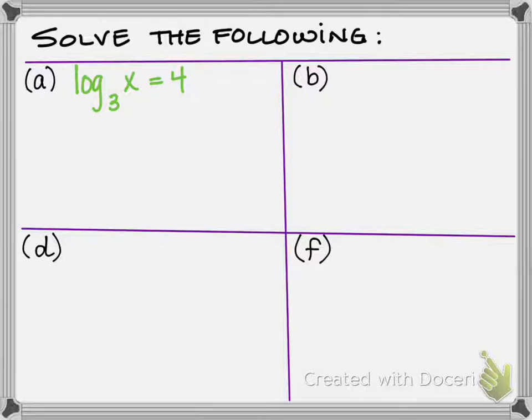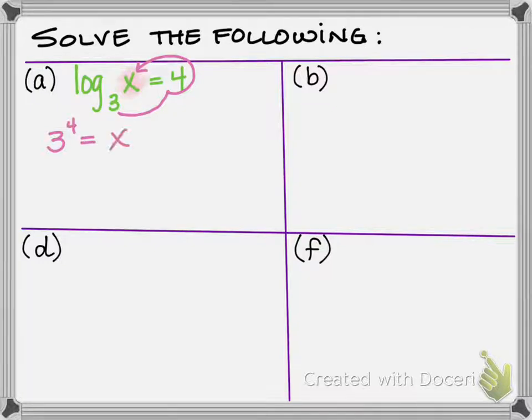In order to solve for x, I need to isolate x. So how do I isolate x in log equations? What you do is you rewrite it in exponential form. That means I need to take the base and then go to the 4 and wrap around like that.